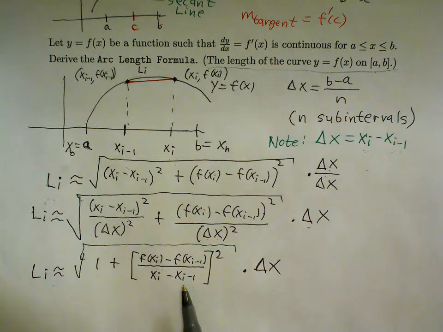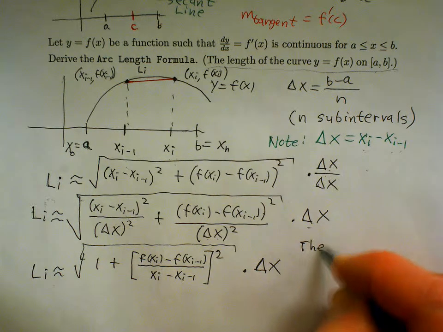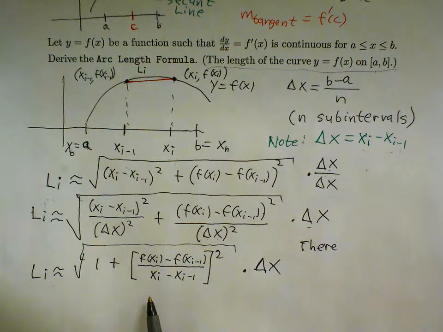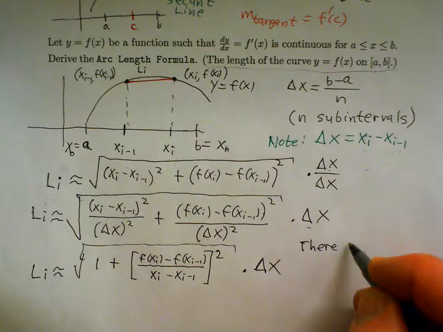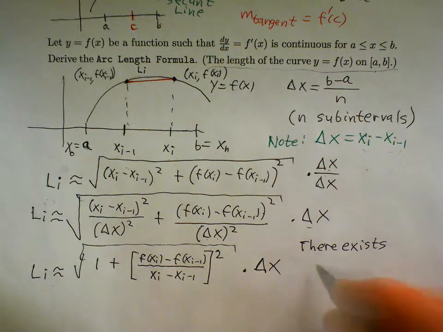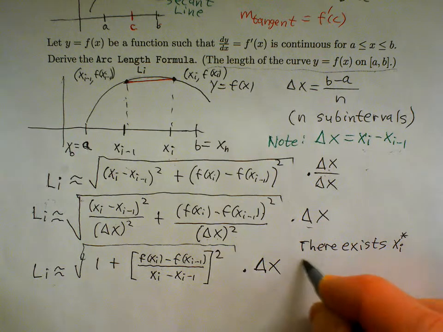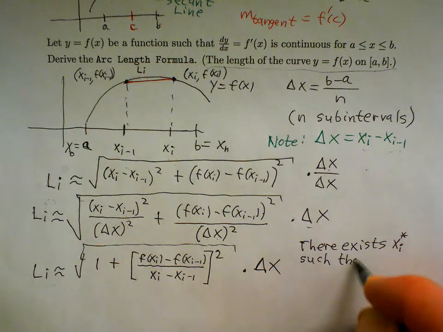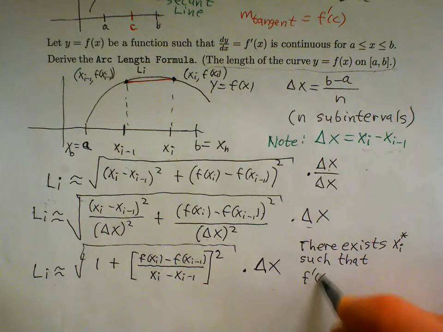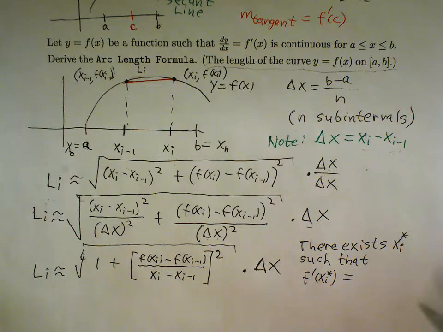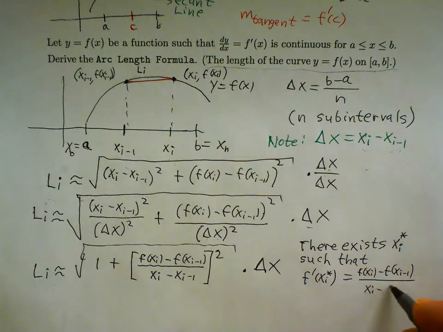So according to the mean value theorem, there is a point in the interval from x sub I minus 1 to x sub I. I'll just write there exists x sub I star such that f prime of x sub I star is equal to the average rate of change, f of x sub I minus f of x sub I minus 1 divided by x sub I minus x sub I minus 1.